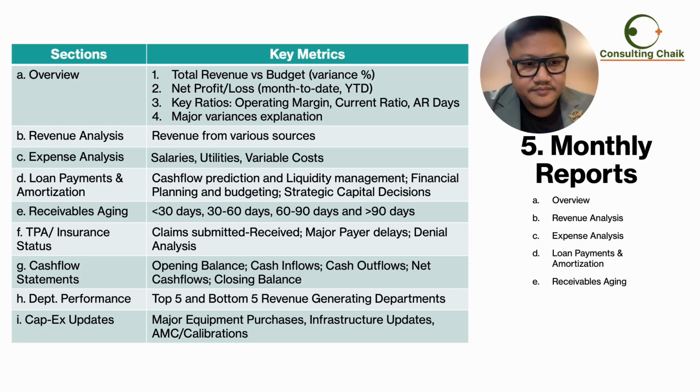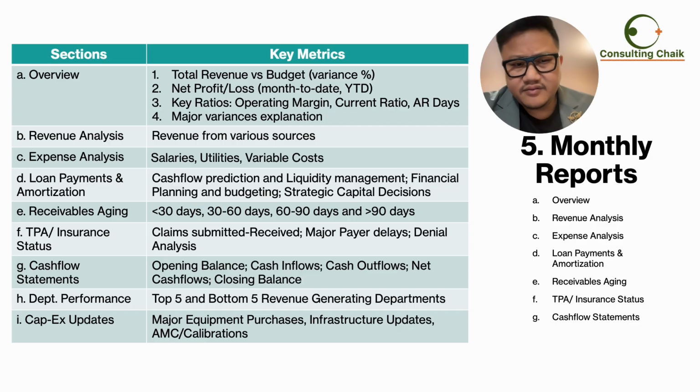And then comes your cash flow statements. So cash flow statement, simple: opening balance, cash inflow, cash outflow. Then you have the net cash flow, and then in the end you have closing balance. This is similar to what we saw in daily reports.